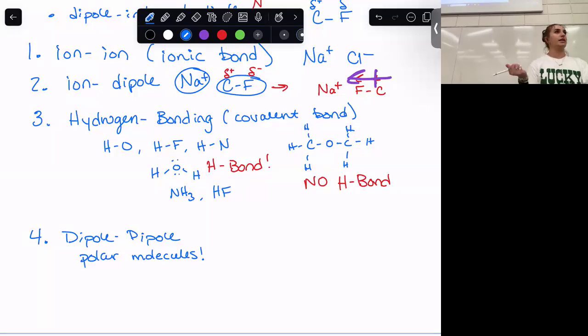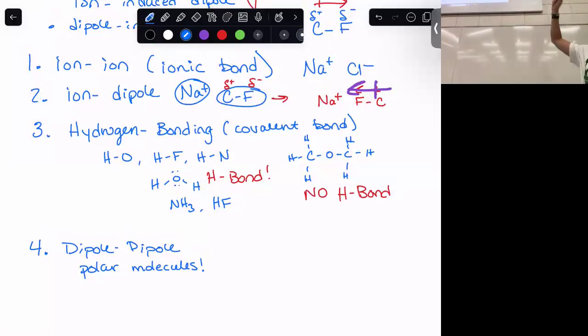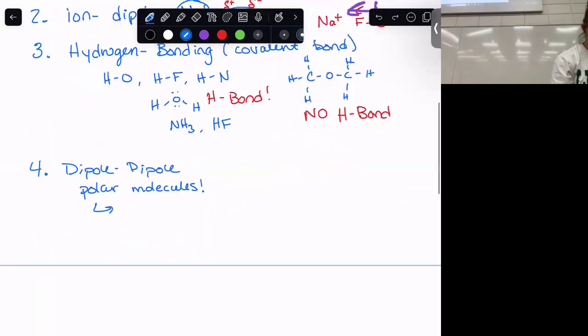We have a positive and negative. Uneven distribution of electrons. What causes the uneven distribution of electrons? Lone pair might do that. What else? Asymmetrical. What did we say caused the dipole between carbon and fluorine? Electronegativity, right? So in order to be polar, we need a difference in electronegativity.